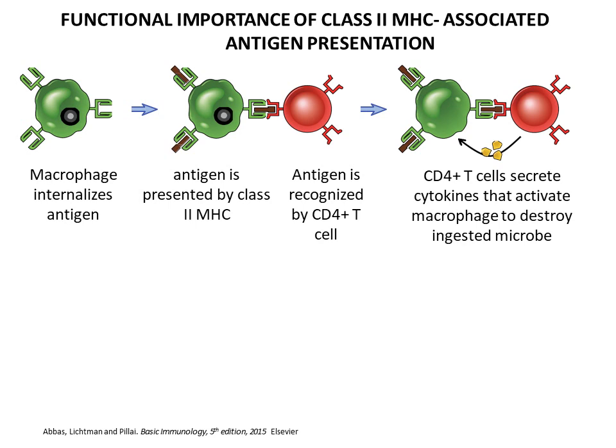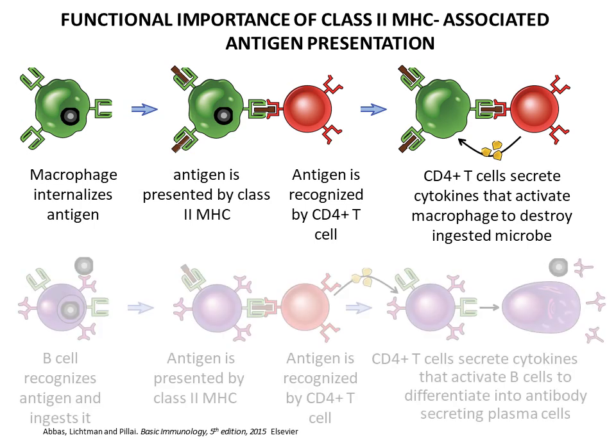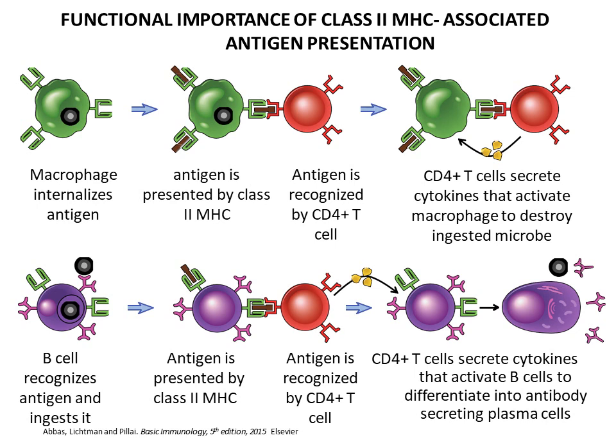CD4 T cells can also be engaged via the MHC2 by B cells. So when this particular antigen is seen by the B cell and processed by the B cell and presented via the MHC class 2, they will now engage the T cell.